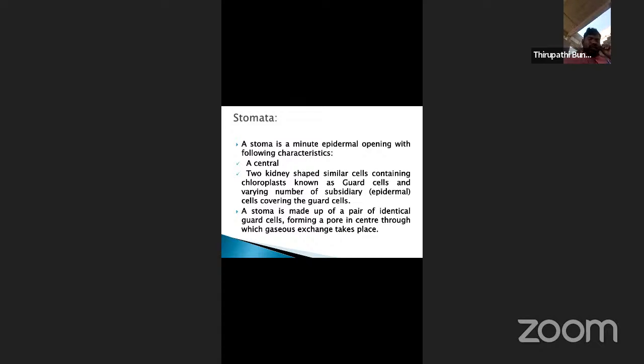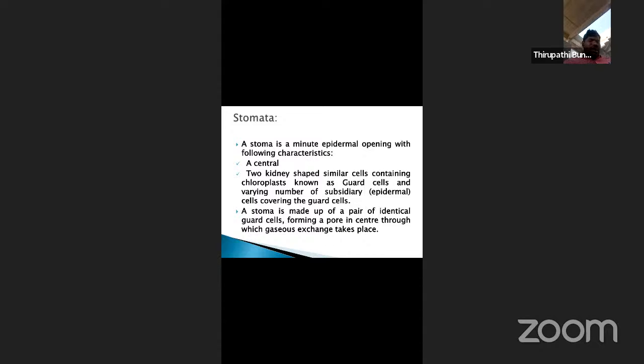These occur in dicot plants. For example, mango, banyan, and nerium. Next, unifacial leaves are also there.